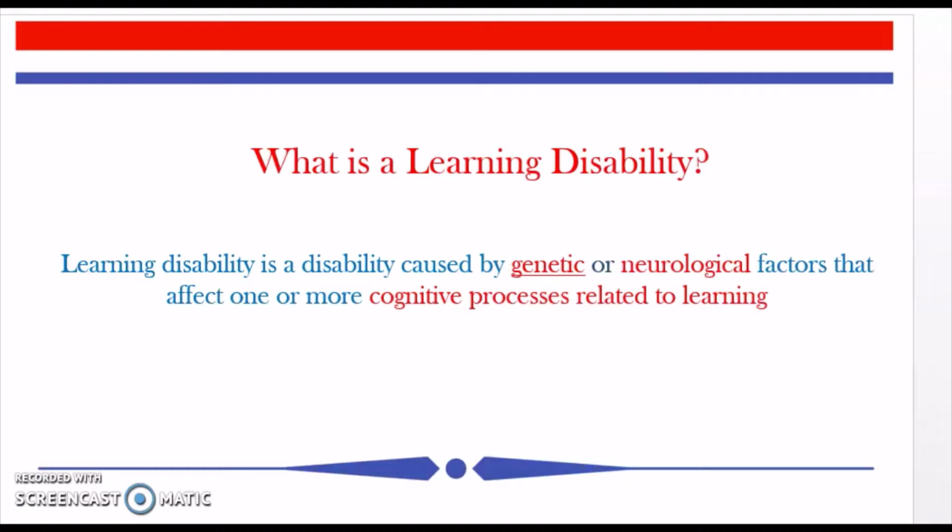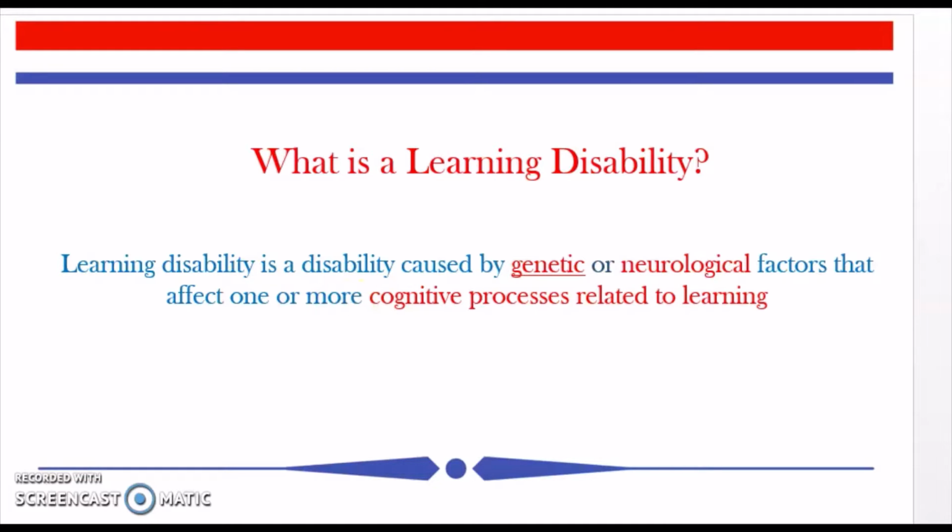A learning disability is a disability caused by genetic or neurological factors that affect one or more cognitive processes related to learning. So it's a disability that is genetic, is neurological, and it affects only learning.